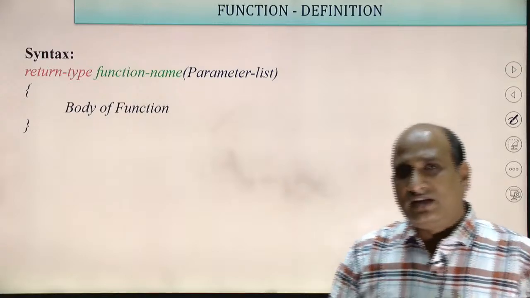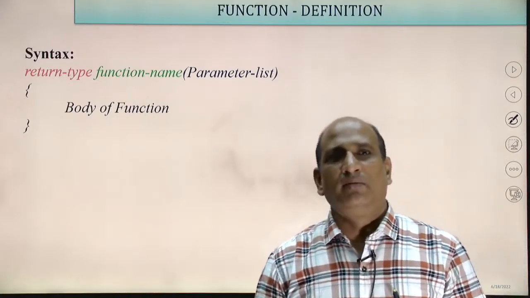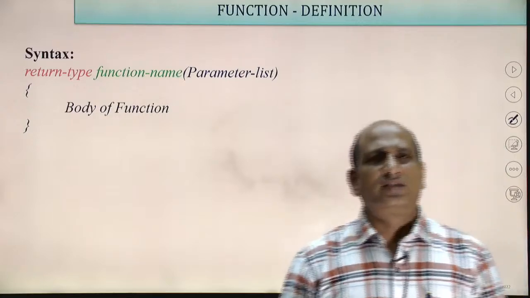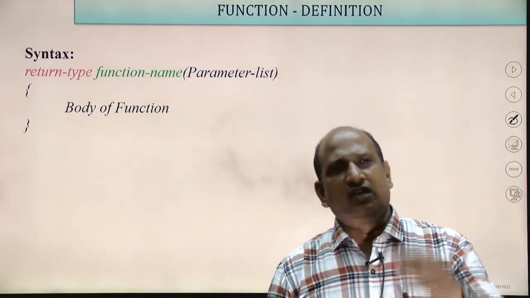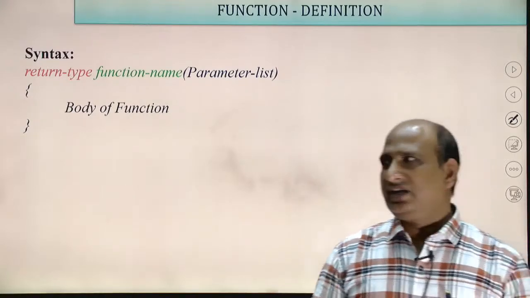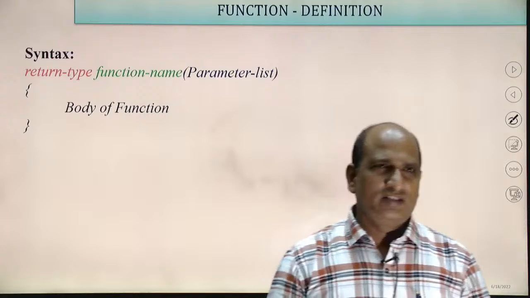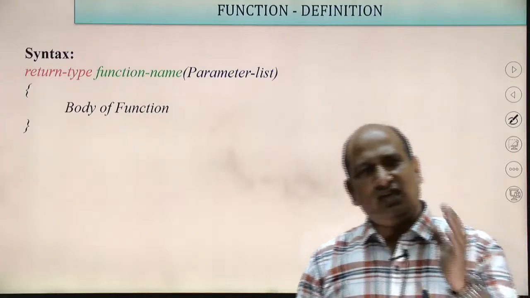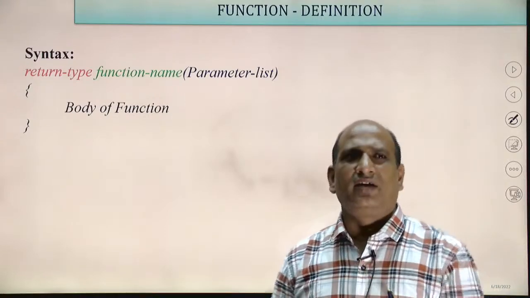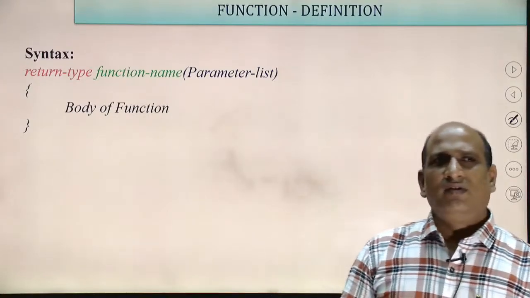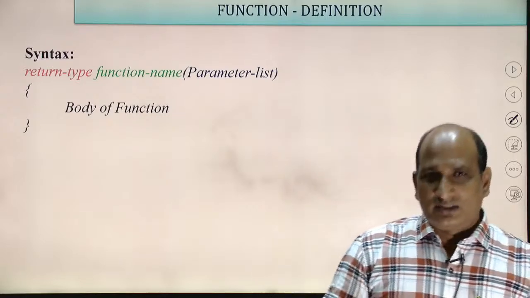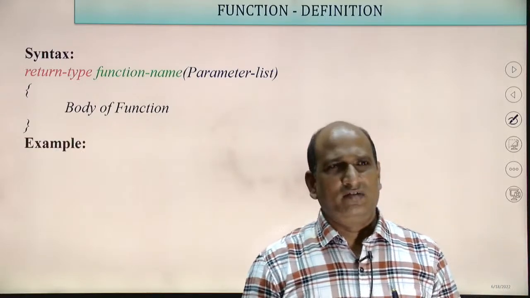Definition tells how the things will be implemented. The actual instructions will be written where I have written body of the function. First is the return type, next is the name of the function, then we pass the formal parameters, and after that we provide the body of the function.